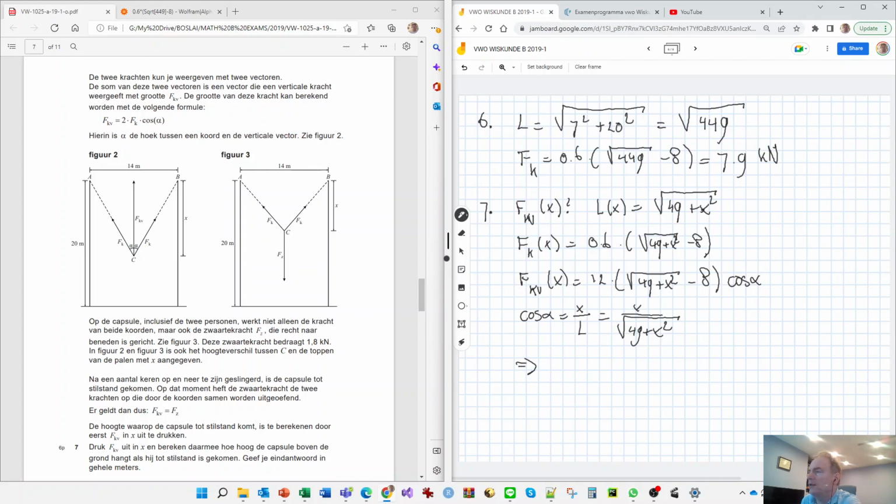We get then 12 L minus 8 times x divided by L is equal to Fz, but Fz is given by 1.8 already.